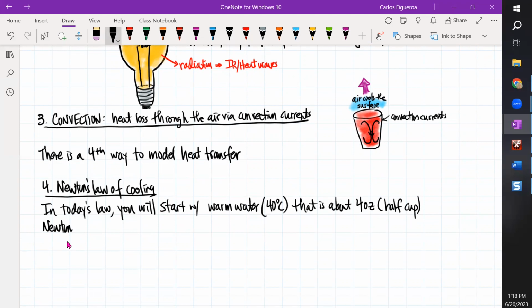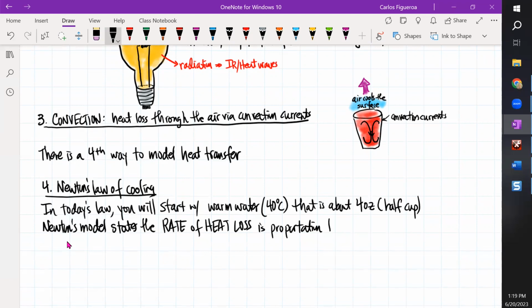Newton's model states the rate of heat loss is proportional to the temperature difference.